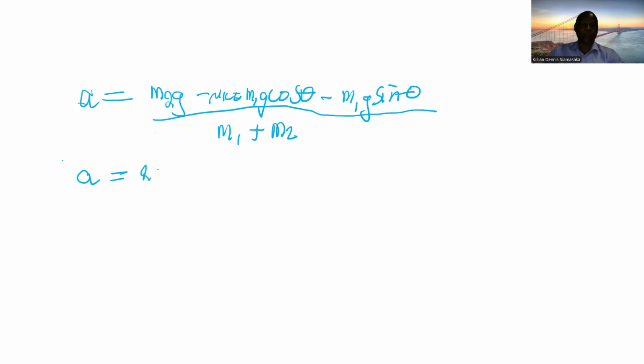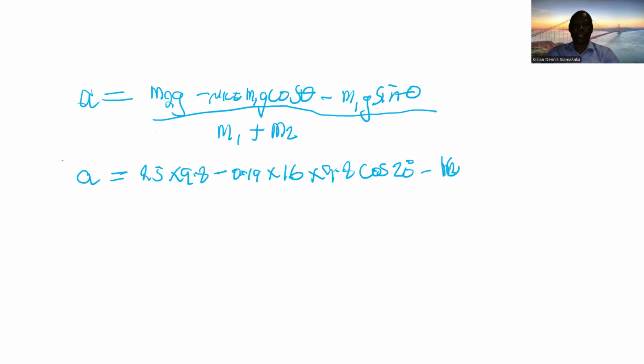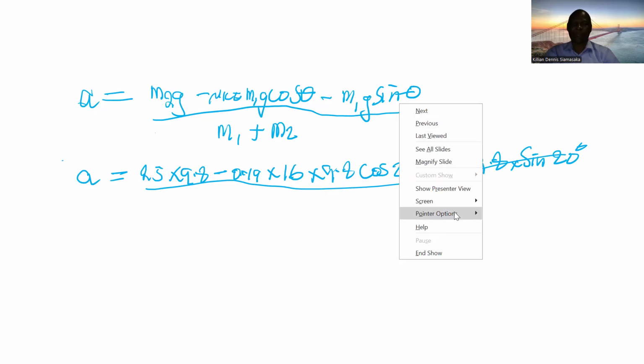Mass 2 is actually 25 multiplied by 9.8 minus 0.19, this is the coefficient of kinetic friction, multiplied by mass 1, which is actually 16, multiplied by 9.8 acceleration due to gravity, cos 20 degrees, minus mass 1, which is 16, multiplied by 9.8 multiplied by sine 20 degrees.